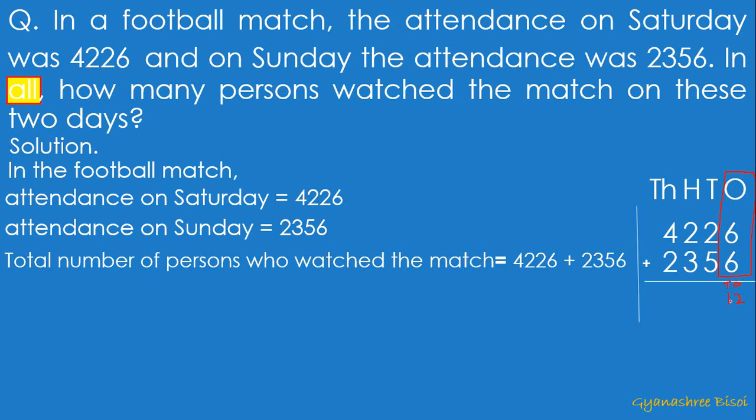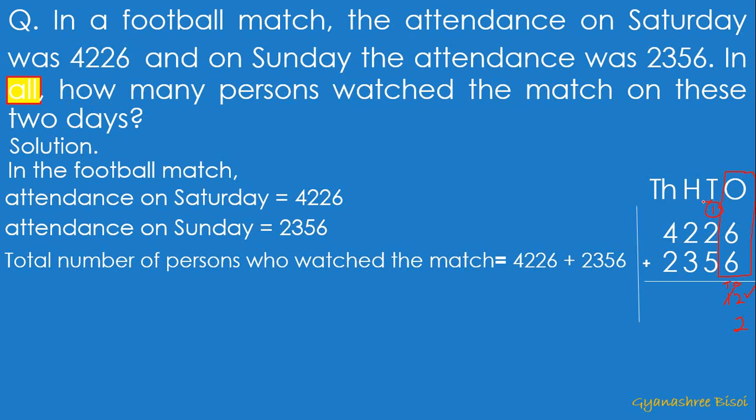So at ones place, I will write the ones place digit, and here ones place digit is 2. So at below ones place, I will write 2. And what about the digit at the tens place? So this digit I will carry over to tens place. Very simple. Carry over this digit to tens place.